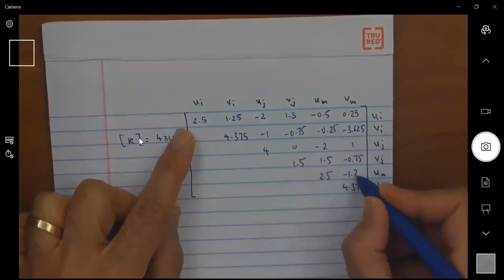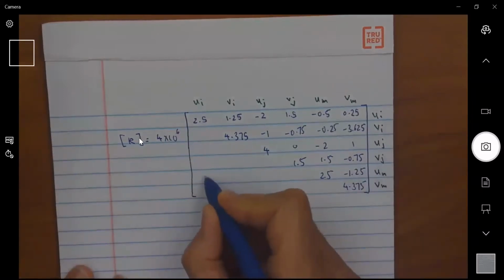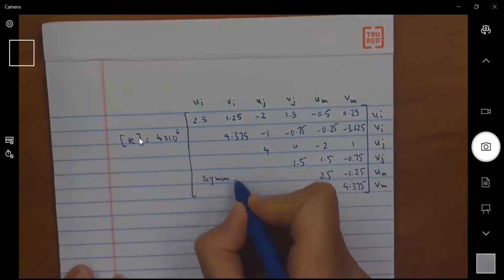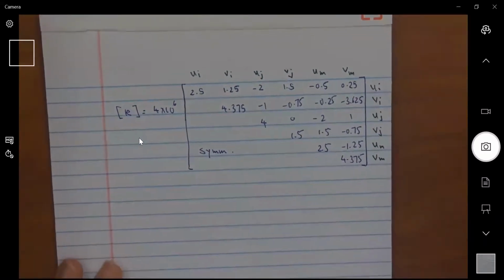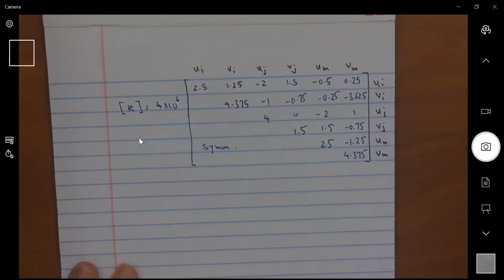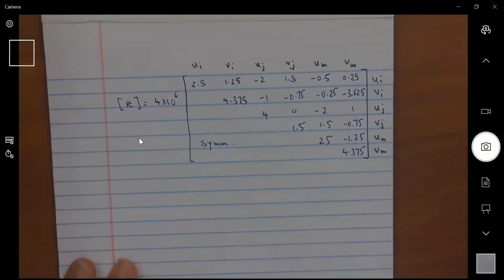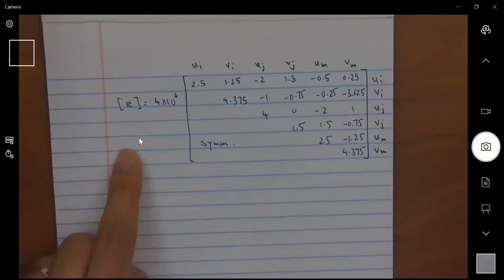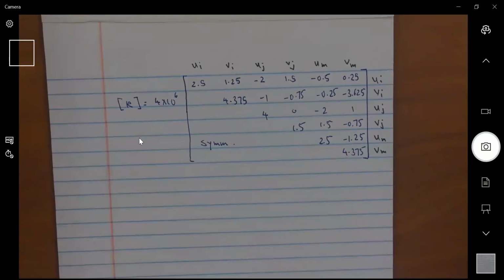And minus 1.25, and this is symmetrical. So this is the first thing that we were asked to find, the stiffness matrix for that triangular element.